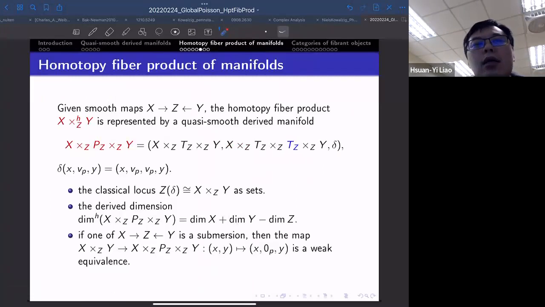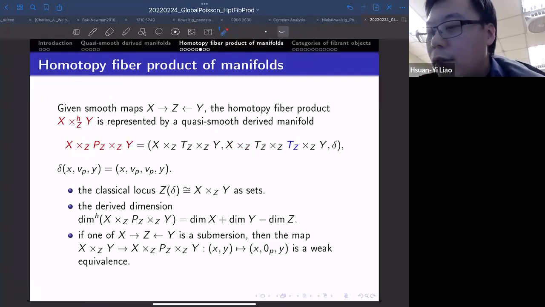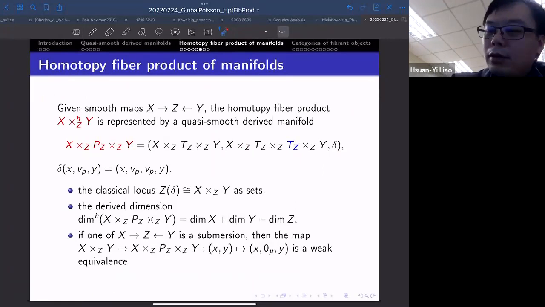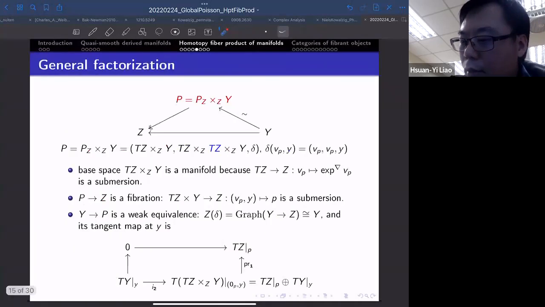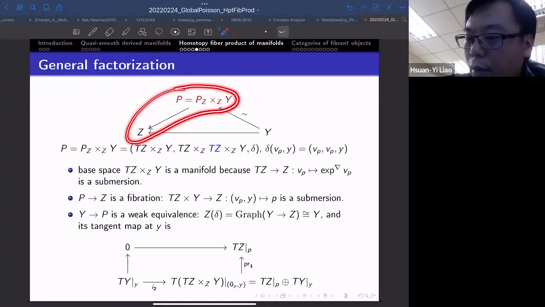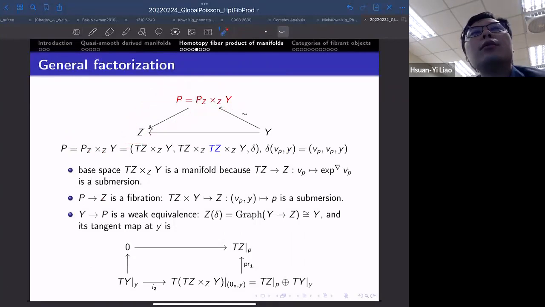And now I'm ready to construct the homotopy fiber product manifolds. So as I said, we factorize this part, and then I got a submersion, and then I used this submersion to do the fiber product with X. So I just put one more X here.